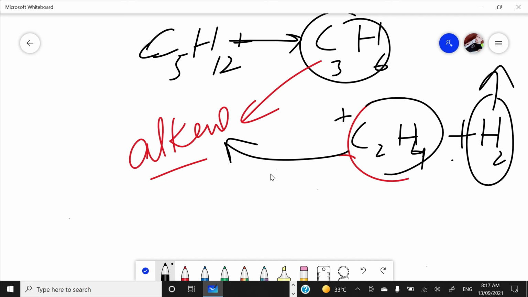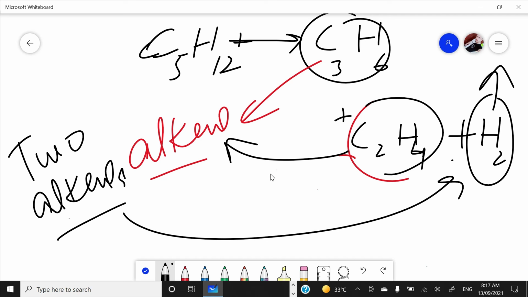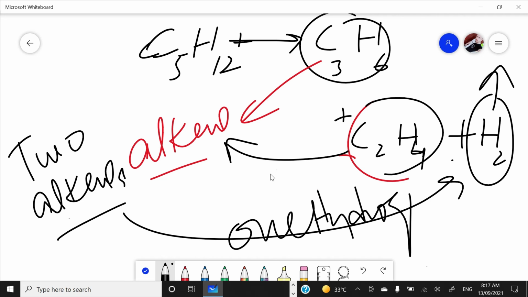Clear? So you got two alkenes, along with it one hydrogen. Okay, sir. It depends. So that's why it's an open sort of question. So keep that in your mind.